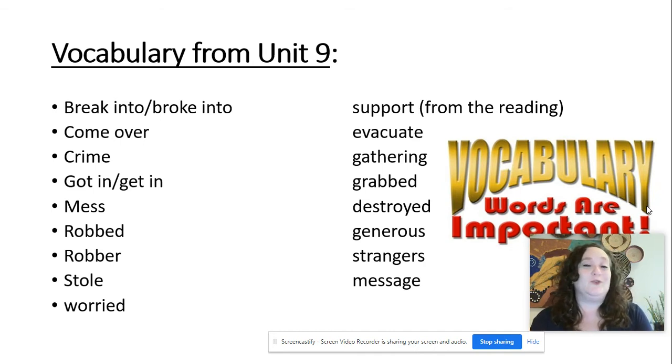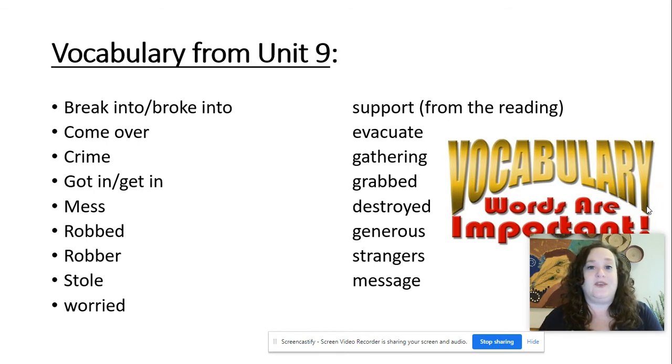The next word is robbed. Robbed. It is past tense also. If I say, I was robbed. All right, robber, robber. I emphasized the ER to show it is a different form of this word. So rob, robbed, robber, robbery.